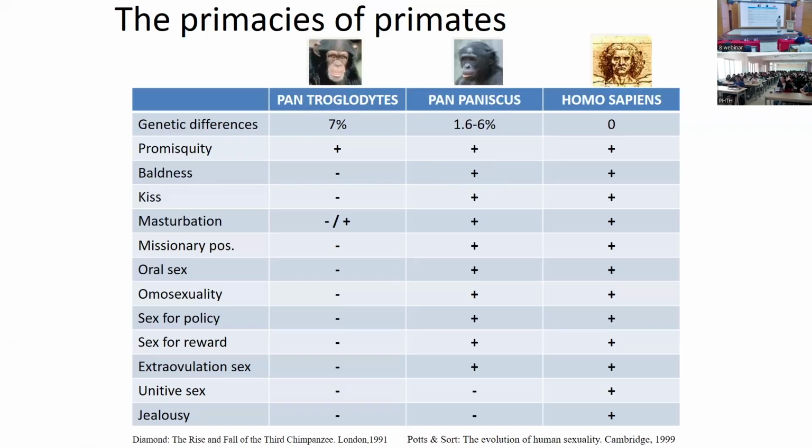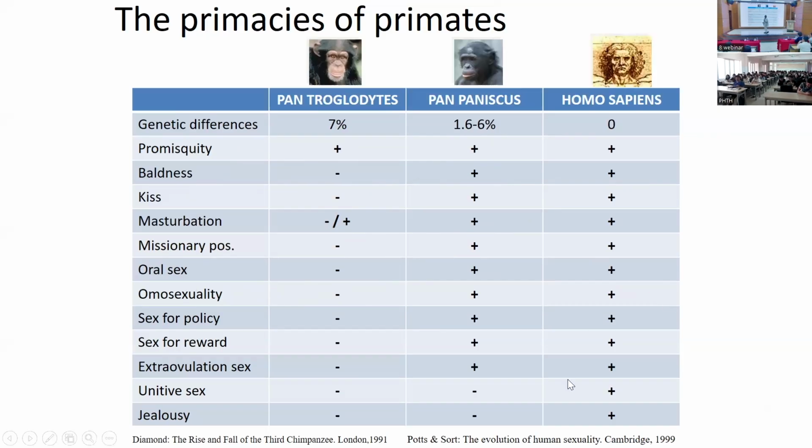Then, what about the baldness? The baldness, losing the hairs because of too much testosterone, is present only in bonobo and humans. The bonobo is kissing for romantic reasons, as we are doing. The chimpanzee is not able to do. The masturbation is present in the bonobo, is a clear masturbation, not something automatic.